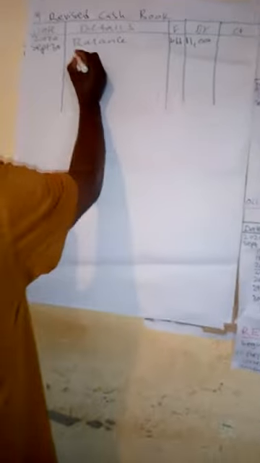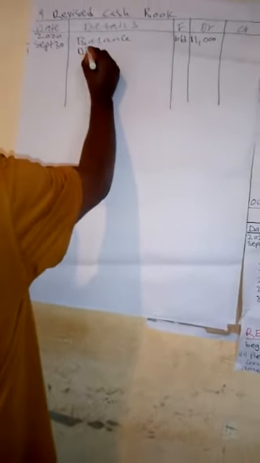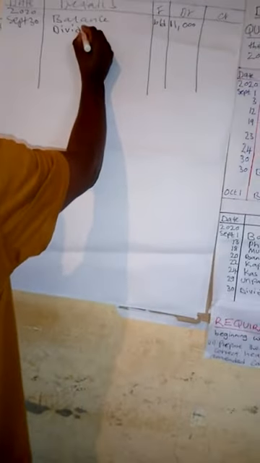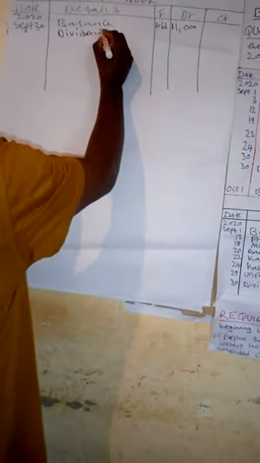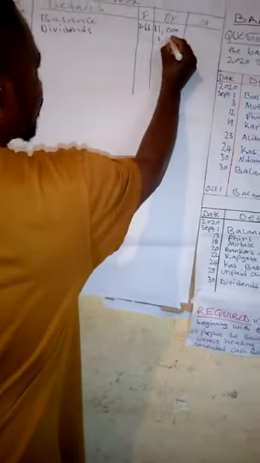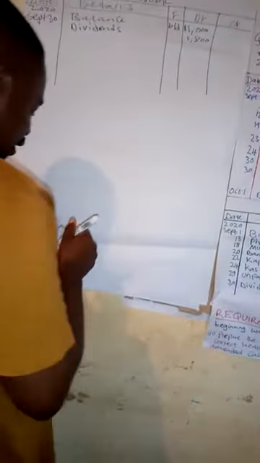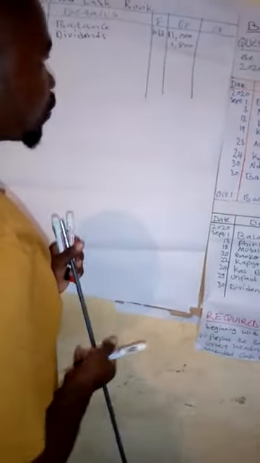So 1,800 is missing. So you record the 1,800, and that is coming from dividends. Dividends, 1,800.